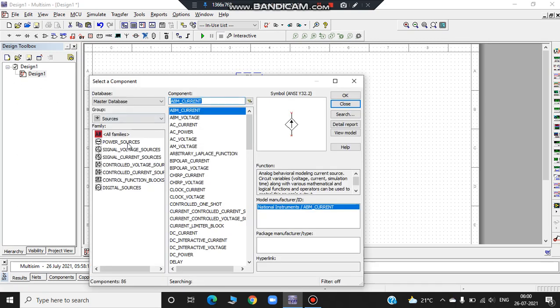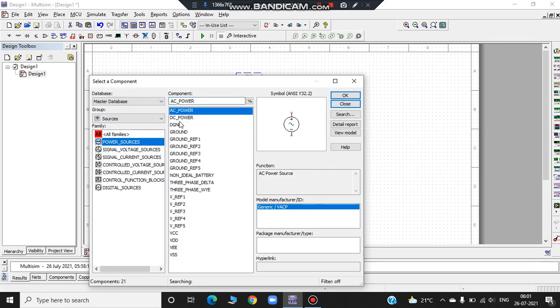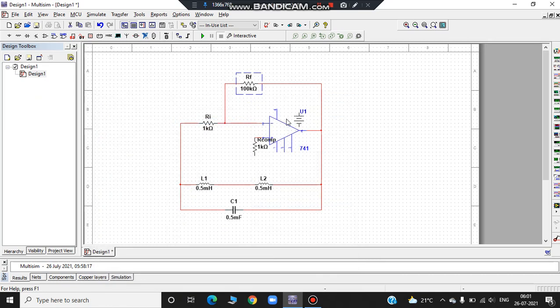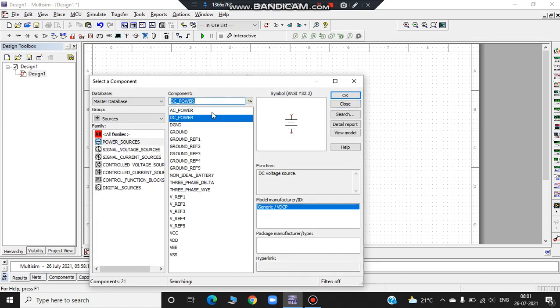We'll place grounds now. We'll place the DC power sources, that is the supply voltage of op amp. Now we'll place the grounds.